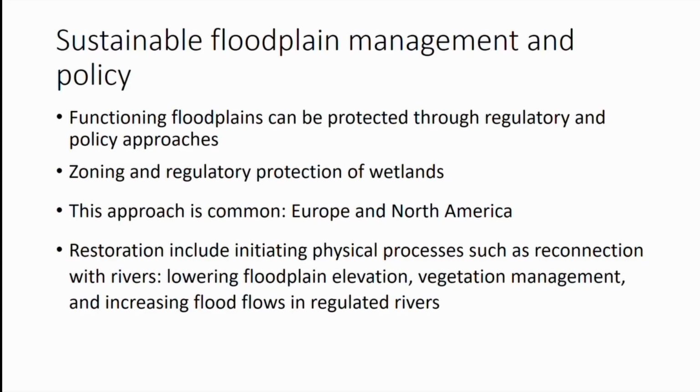So you would have flow passing over that to the floodplain, or manage vegetation within that floodplain, or increase flows. Dam releases, what we call in-stream flow, you increase that so that there is enough water to flood the plain during certain seasons.